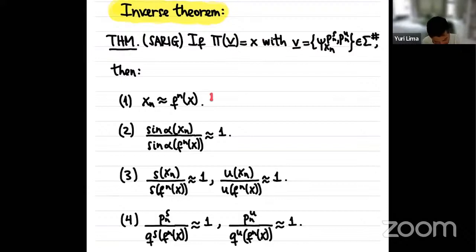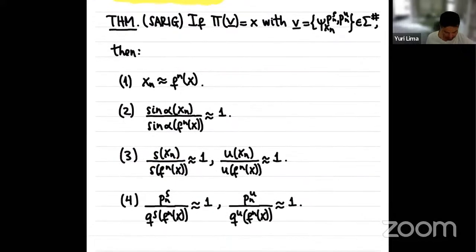How? Position-wise, the center of the charts are close to the nth iterate of the shadowed point. This is direct. The second one we already discussed with that picture. The angle at xn is very close to the angle at the nth iterate of the shadowed point. The third one is what we get from the improvement lemma. So the S parameter of the center of the chart is very close to the S parameter of f^n of x, and the same thing for the U parameter.